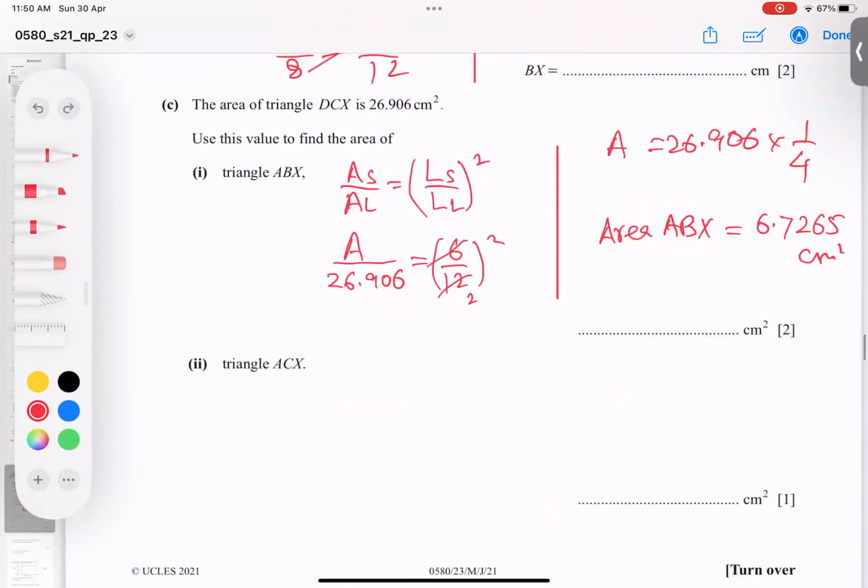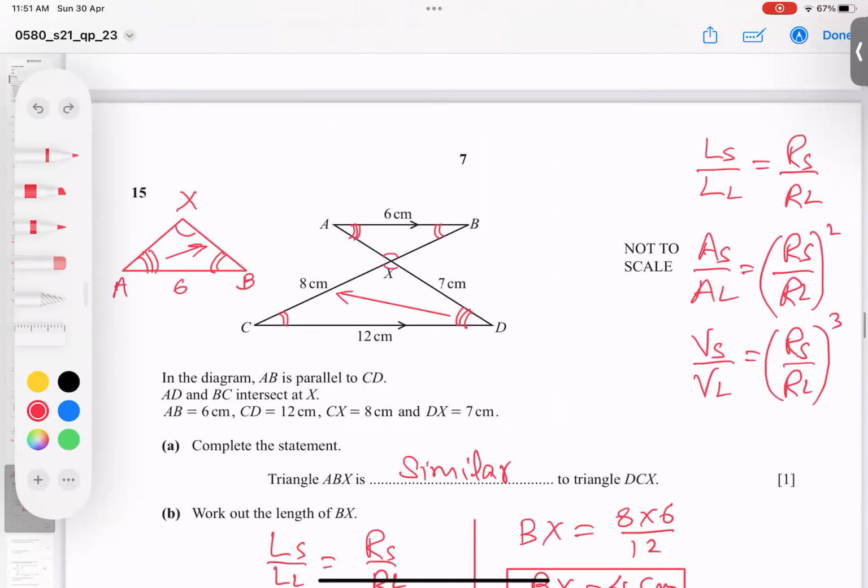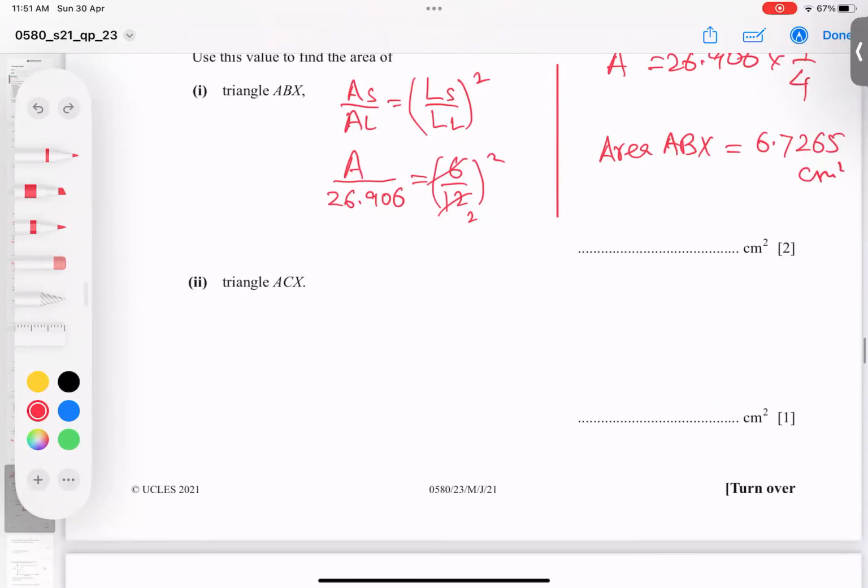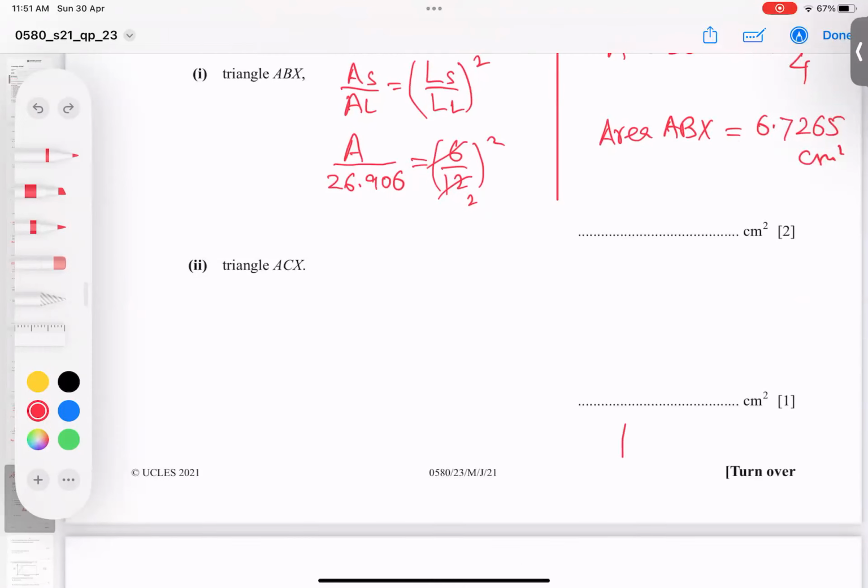Now this question: what is part ACX? Where is ACX? Okay, ACX is this triangle. Okay, students, let's see how we can do this part of the question. Before I start, I give one idea to you. If the triangle comes this way, this is the 90-degree base and height.